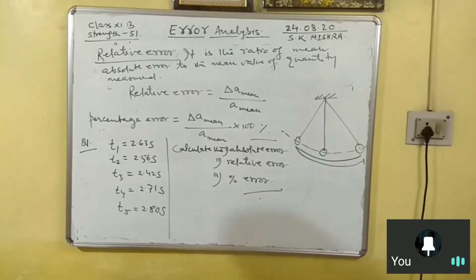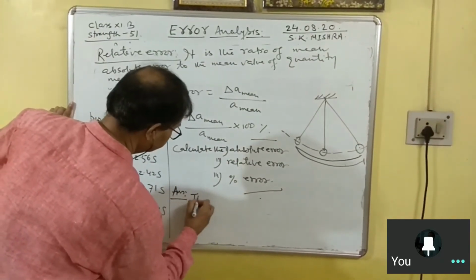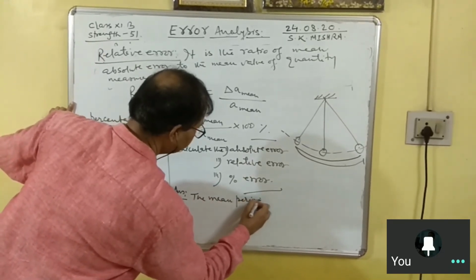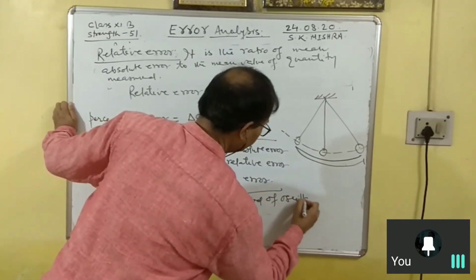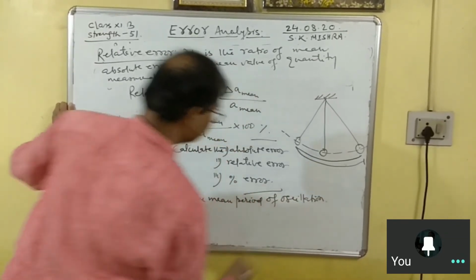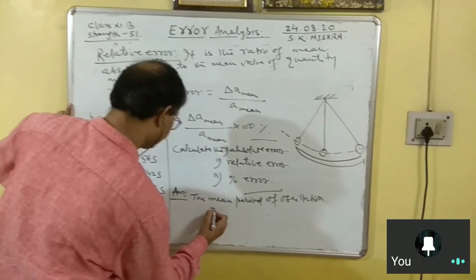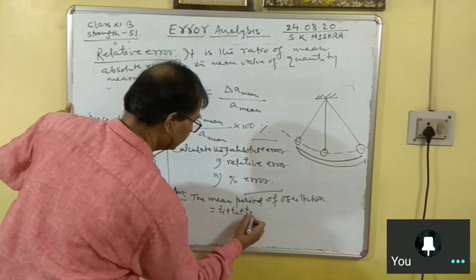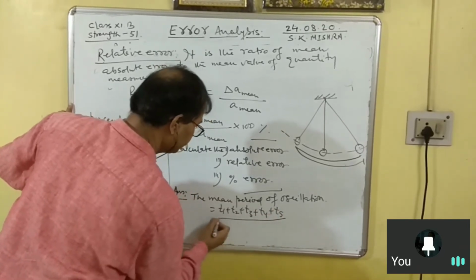So the mean period of oscillation of the pendulum. So how will you get the mean? The mean period of oscillation of the pendulum is equal to T1 plus T2 plus T3 plus T4 plus T5 divided by 5.